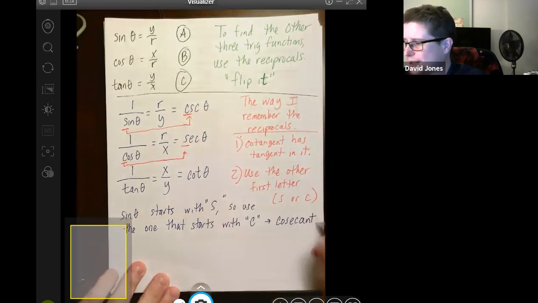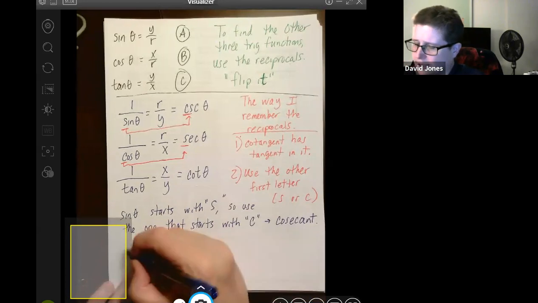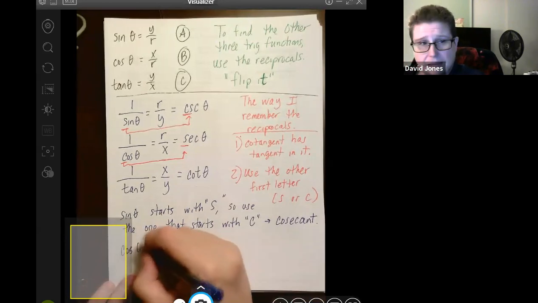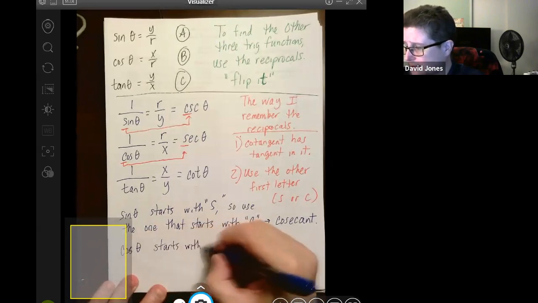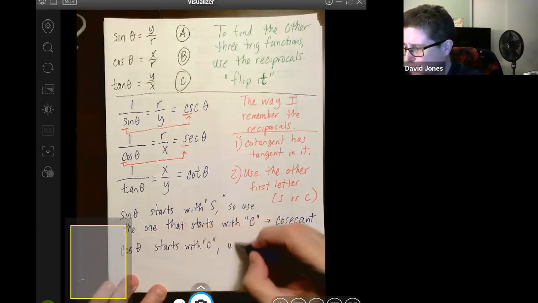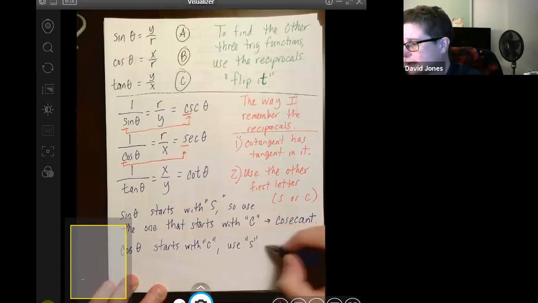Obviously not the cotangent one, that already is with tangent. Cosine theta starts with C. Use S, secant theta.